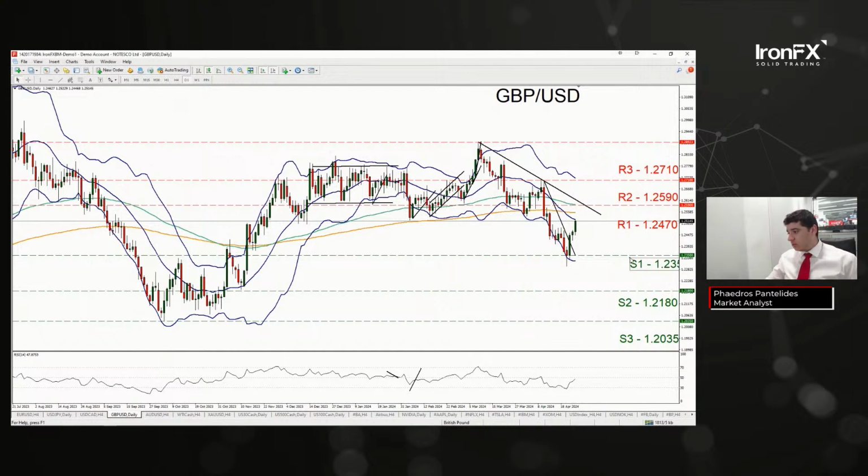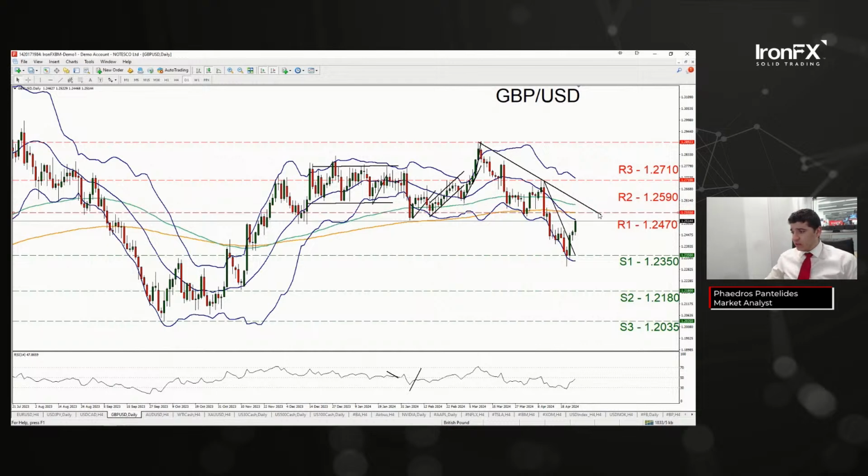So this would be S1. S2 and S3 are going to be the same, 1.2180, 1.2035.